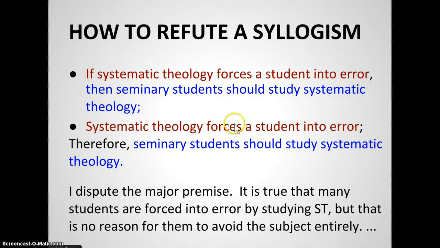So I agree with the minor premise. But I don't agree with the major premise that therefore students shouldn't study systematic theology. So you can see what I state here. It is true that many students are forced into error by studying systematic theology. But that is no reason for them to avoid the subject entirely, and so forth. I will defend that argument.